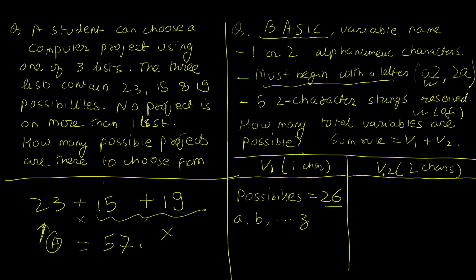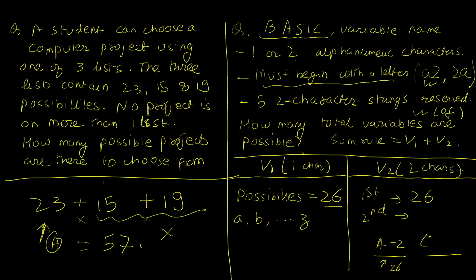And now if we look into the possibilities of two characters, we know that the first character must begin with a letter. So the first character still has how many possibilities? It's going to be 26 possibilities. And now if we look at the second character, how many possibilities are there? For the first I needed to put a letter, from A to Z, so that gave me 26 possibilities. But for the second character of the variable, I am free to choose a number as well as an alphabet.